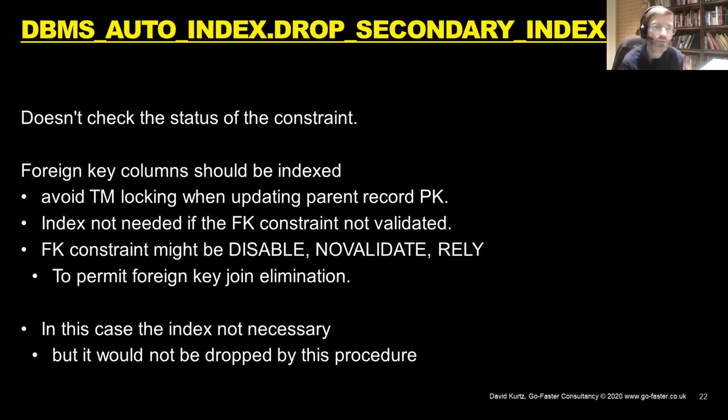But if I've disabled the constraint, I don't need the index. And I might do that because I just want to do foreign key join elimination in a query. But in this case, the index is not going to be dropped by drop secondary indexes. Whereas I think the index should be dropped if it's on a disabled constraint.